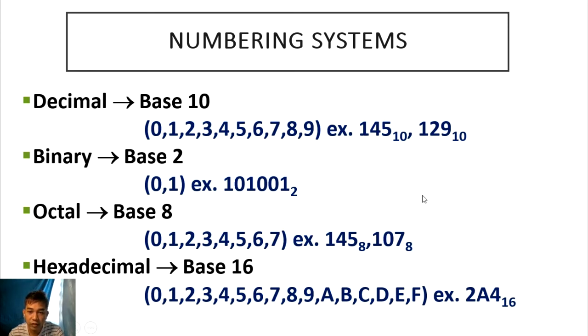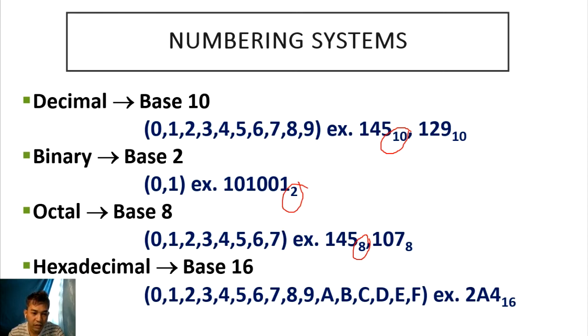So to not be confused with these two numbers and to identify kung anong number system siya, that is why it's very important to indicate kung anong number system siya. So you have to indicate whether it is base 10 or decimal, or base 8 or octal, or even binary.